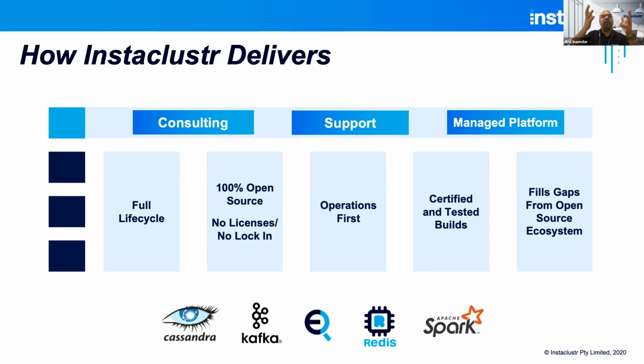Or we can manage the entire cluster for you in our platform or any of the cloud platforms. The middle section of the slide is our differentiators. Basically, we offer full lifecycle solutions, starting from strategy to architecture to development, implementation, training, support, and if required, a managed platform.